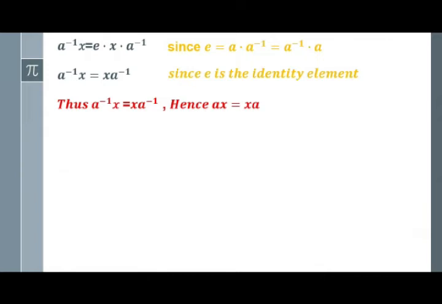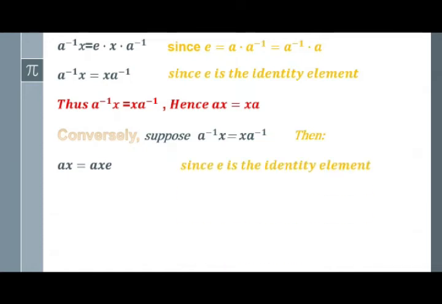Then we're going to do the second proof, which is conversely. Suppose A inverse times X is the same as X times A inverse. Then we're going to take one side from this equation. AX is equal to AX times E, since E is the identity element.